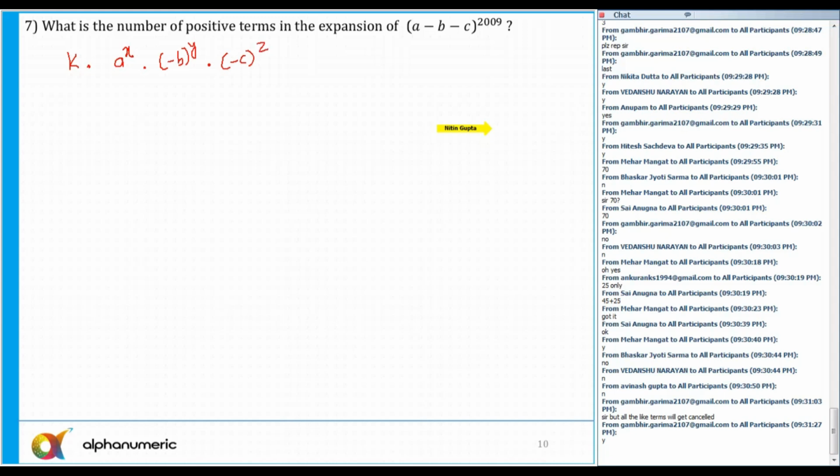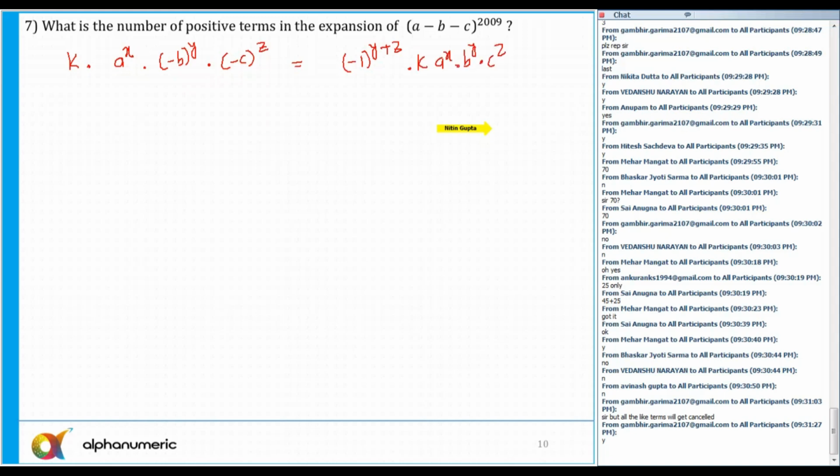If I solve this, it comes out to be k into minus 1 raised to power y plus z, sorry, the power is y plus z, into a raised to power x into b raised to power y into c raised to power z.